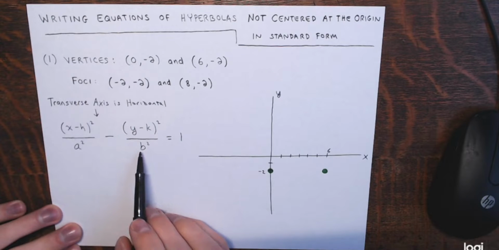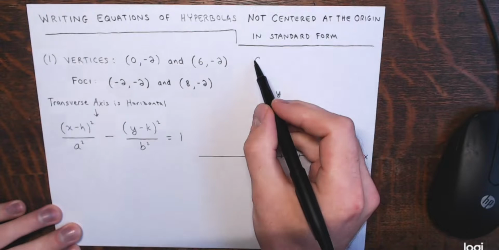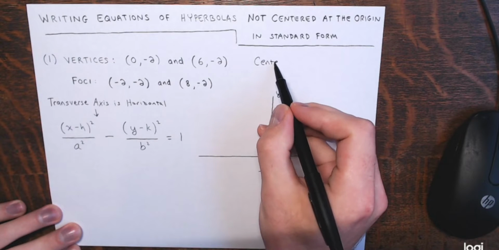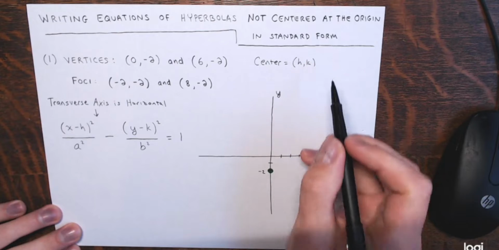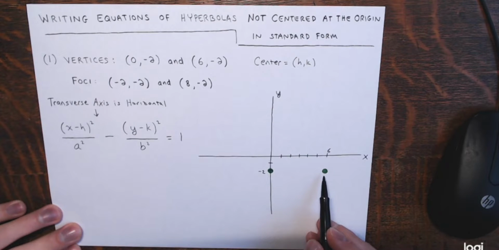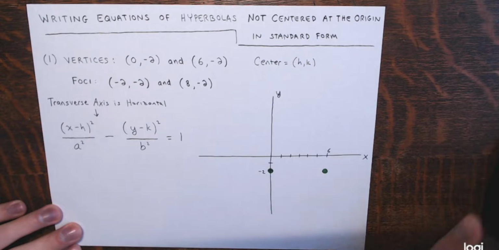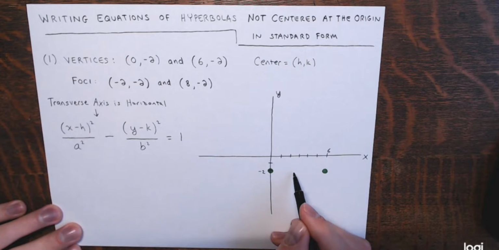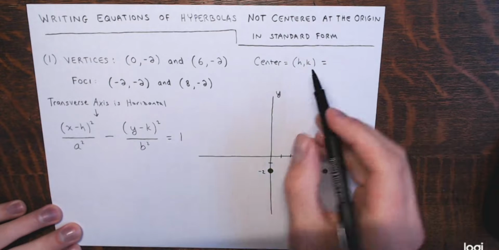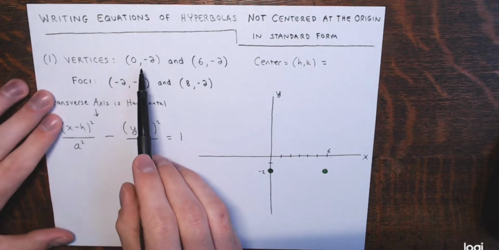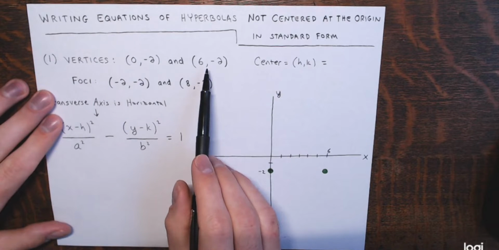Well, remember the center, right? The center of the hyperbola, that's the h, k. And if you know where the vertices are, or the foci are, or even the co-vertices, you'll know where the center is. The center is the midpoint of the vertices. So hopefully you remember how to find midpoints. Just take the average of the x-coordinates, the average of the y-coordinates.